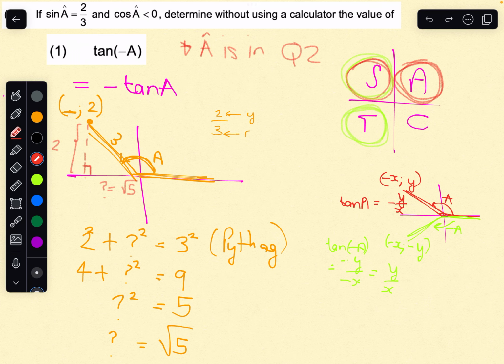That is horrible. Let me just write it nice and big over here and then shrink it.